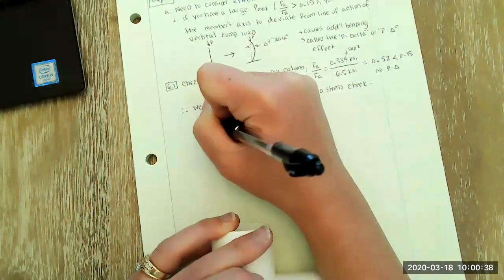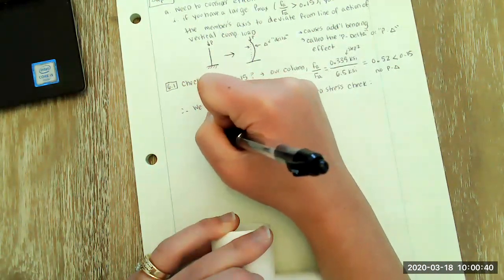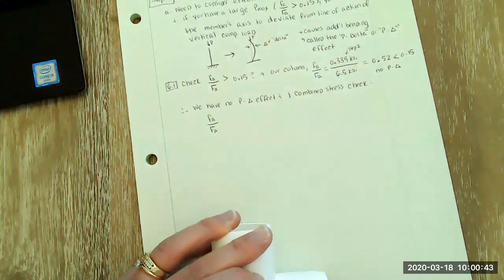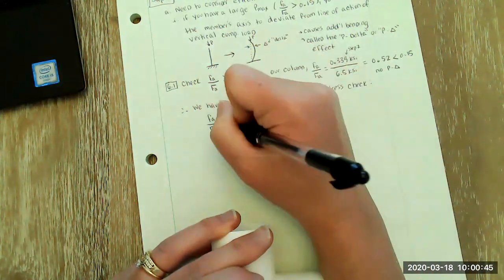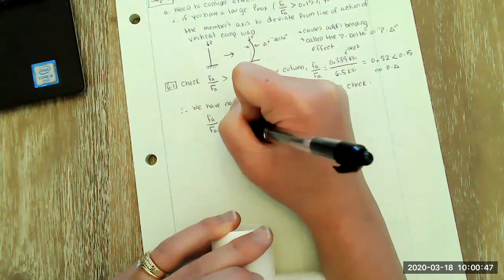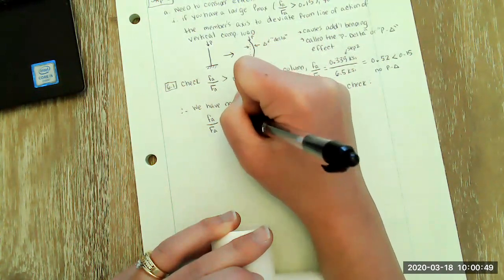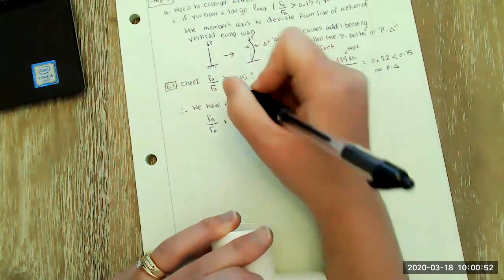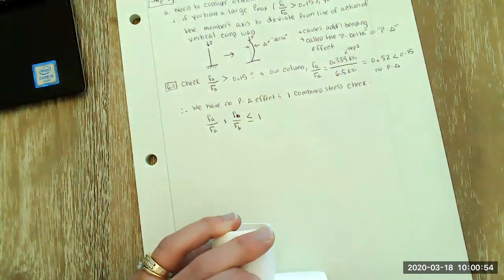Which is to check that the ratio of our actual to allowable axial stresses plus the ratio of our actual to allowable bending stresses, sorry, this is a B, is less than or equal to 1.